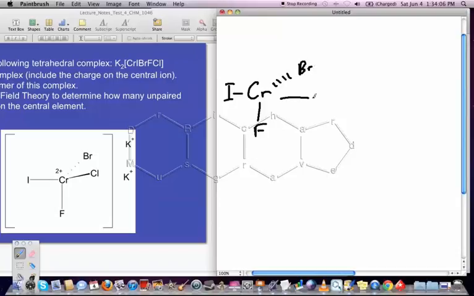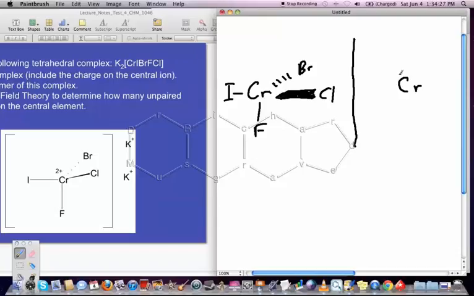The Br is sticking back and this Cl is sticking out to the front. And so we've got a wedge there. And like I said earlier, it doesn't really matter if they're in this order or not. They can be in any of these and it's still going to be correct.